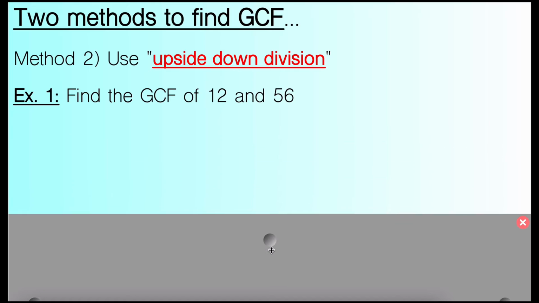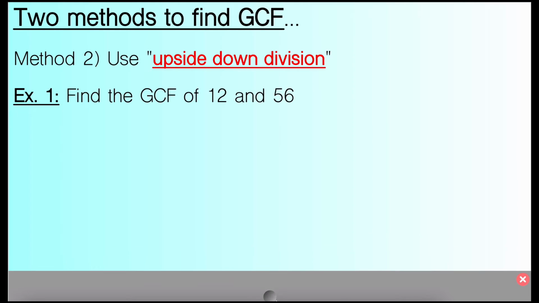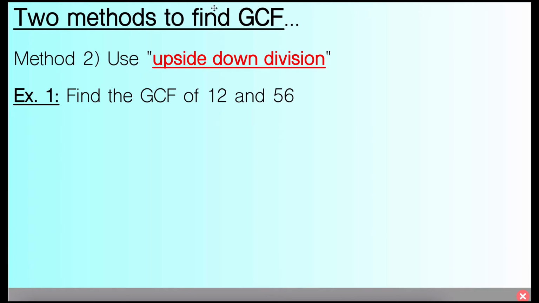Find the greatest common factor of the two numbers 12 and 56. So to do this, using upside down division, we had said first start by writing the two numbers, 12 and 56, and then we set up what kind of looks like a division that's flipped upside down.